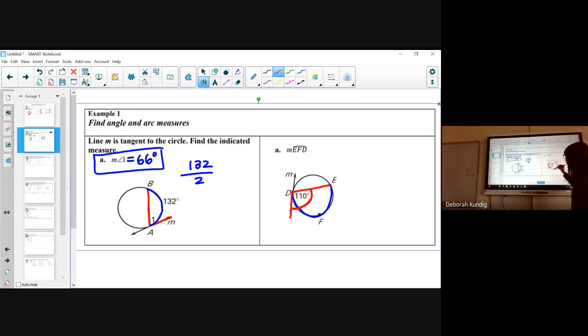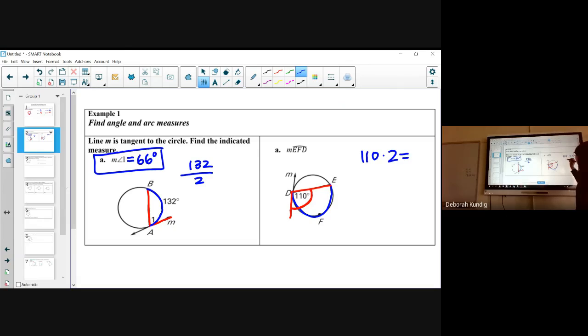So if I want to find that arc, I'm going to take 110 and divide it by 2. Nope. The arc is always bigger, not divide by 2. I'm going to multiply by 2 to make it bigger, to 220. So the major arc of DFE or EFD is 220 degrees.